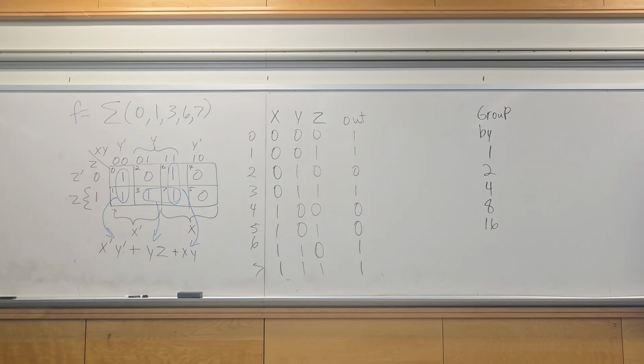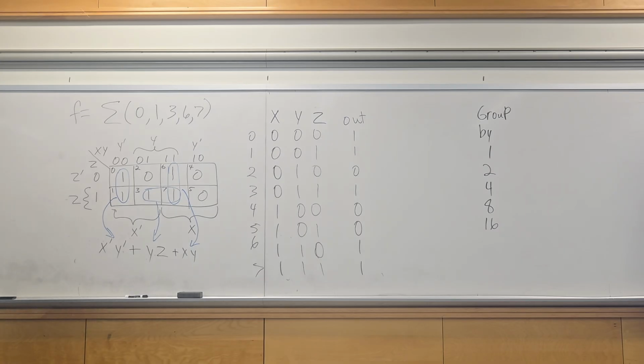So you do your groups by your ones, adjacent groups of ones in groups of the size of a power of 2. Okay?